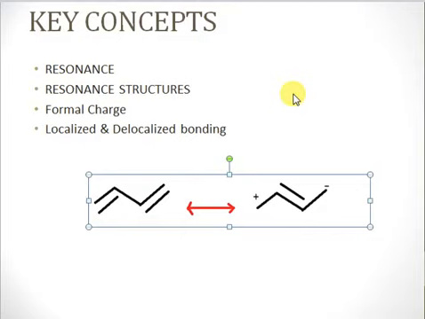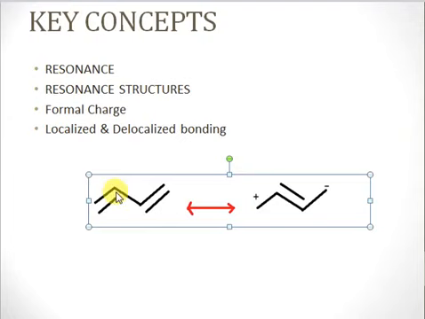They are also known as contributing structures, or simply as resonance structures. So in this specific case, these two butadiene structures are not the actual structure, but are known as resonance structures, and we may also call them canonical forms or contributing structures.